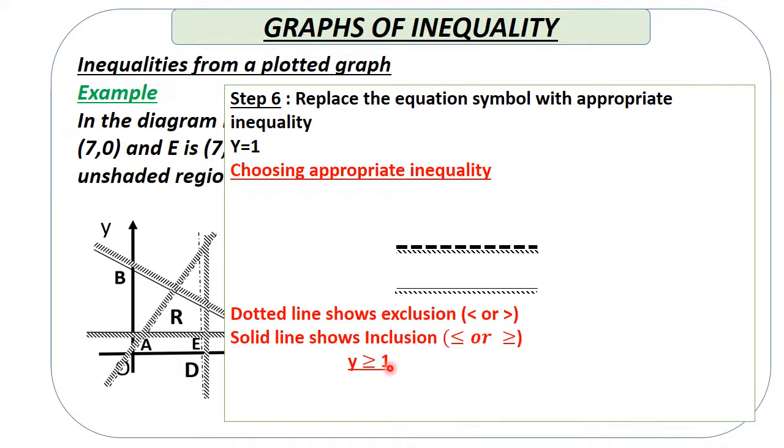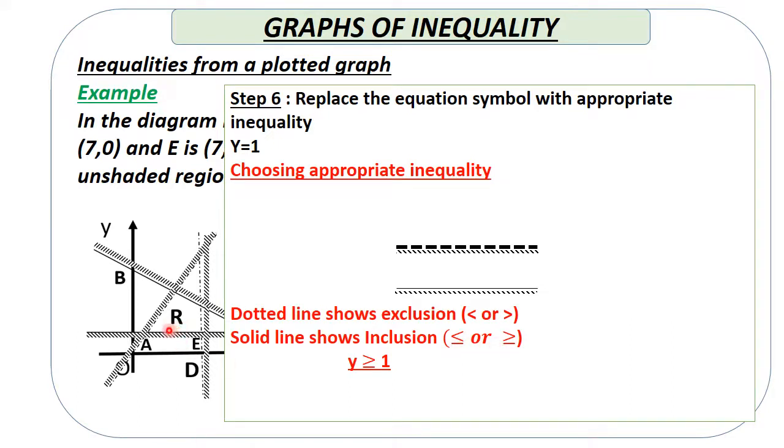But how? We're going to go to our line, this one here. We see it is a solid line. A solid line means it is either this one or this one, because solid means inclusion and means less or equal to or greater or equal to. So the next job is to choose which is it. How do we tell?